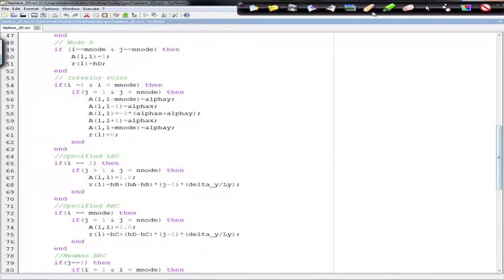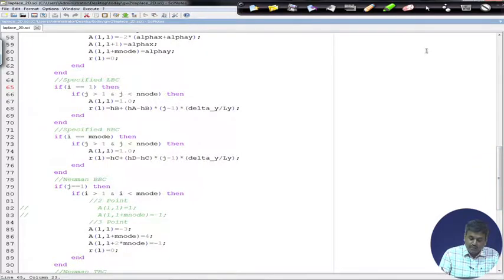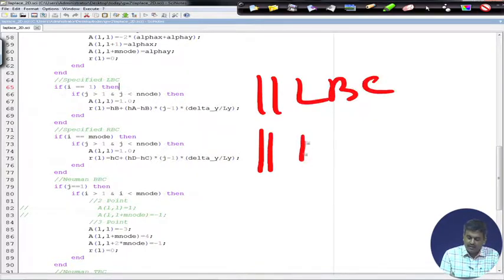So, this is the case for the left boundary, and the same for the right boundary.